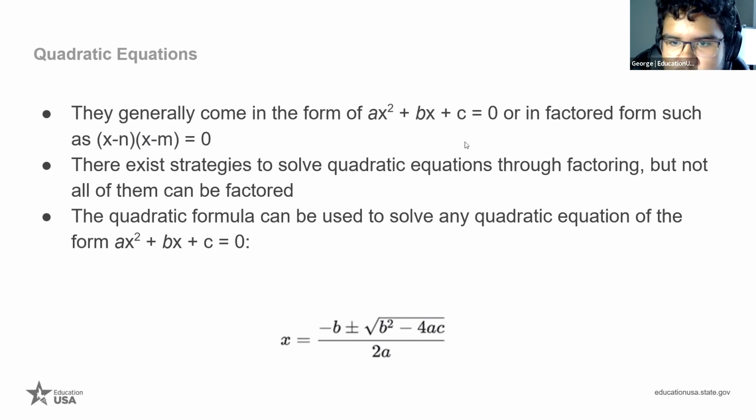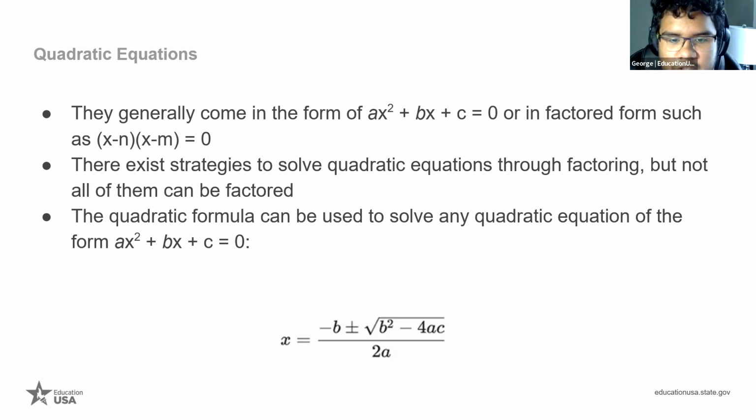But like I mentioned, not all equations of this ax squared plus bx plus c form can be factored. Regardless, there exists a formula that can be used to solve any quadratic equation of this form, provided that a is not 0, because if a is 0, then it's no longer a quadratic equation. The formula is negative b plus or minus the square root of b squared minus 4ac, all of that divided by 2a.